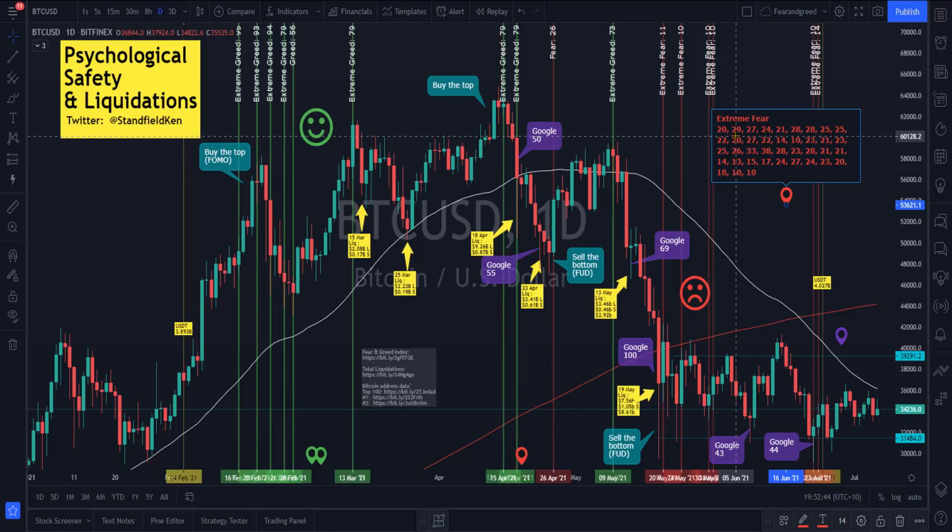Yesterday it was 29, which was fear. The day before it was 27 and 24, which are both extreme fear as well. The concept is people just look at it and they're a bit scared. That's exactly when the institutions come and scoop things for a discount. That's how they rock. That's how they play.